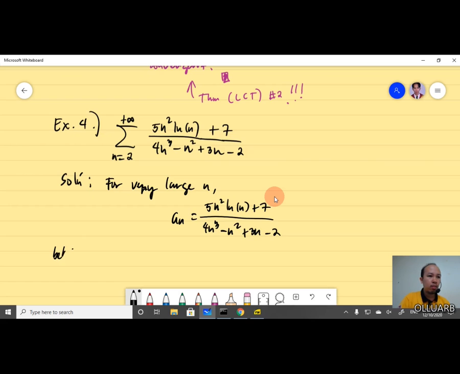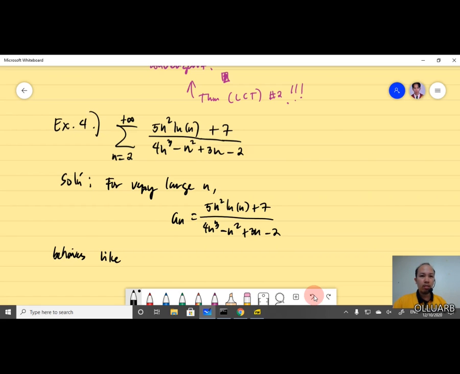Okay, it behaves like, as you have noticed, we will consider only those with the highest exponent in the numerator and in the denominator.